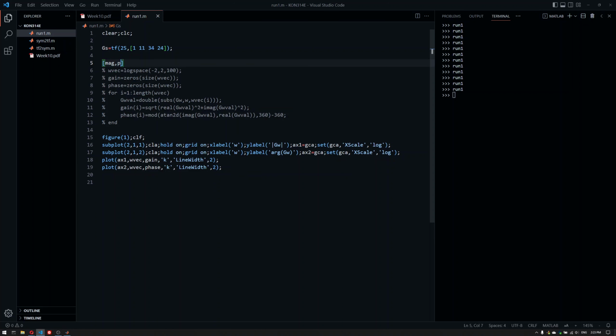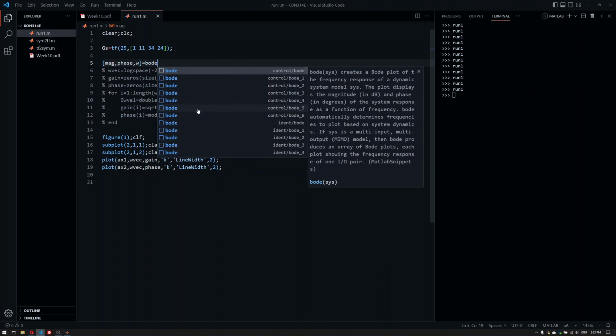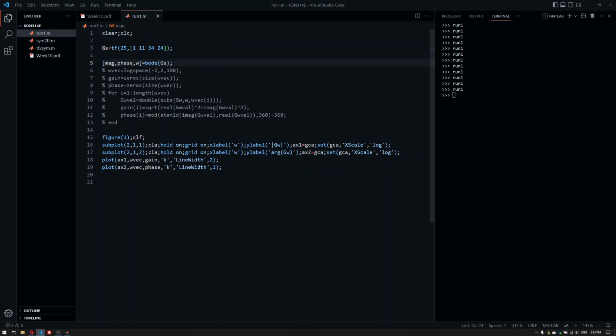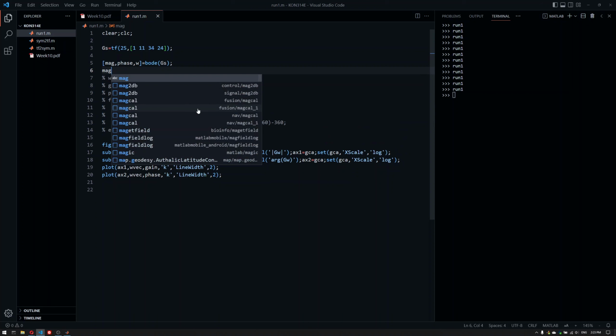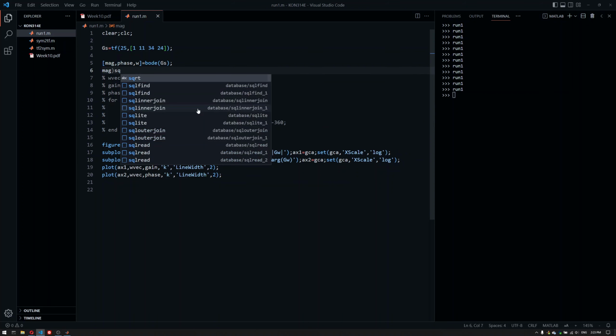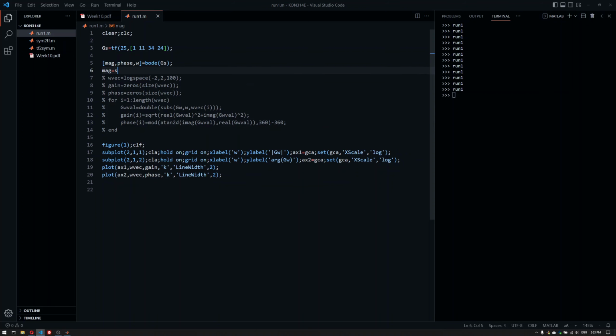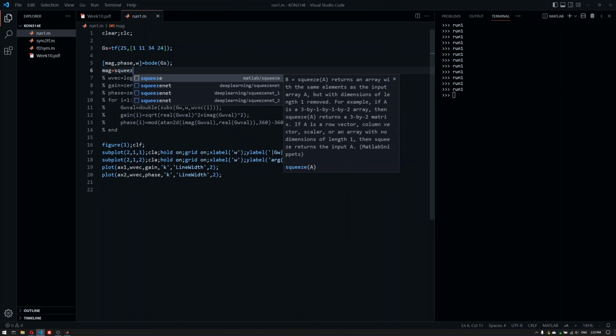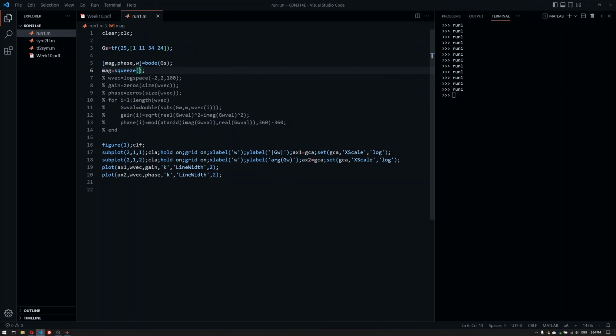So I'm calling it magnitude, phase, omega. You can call bode and then have GS. And the only thing that we should do then is to call something called squeeze. All it does is get rid of the extra dimensions, basically. Because we will have extra dimensions, since it could be a MIMO system, then we would have multiple inputs and outputs.